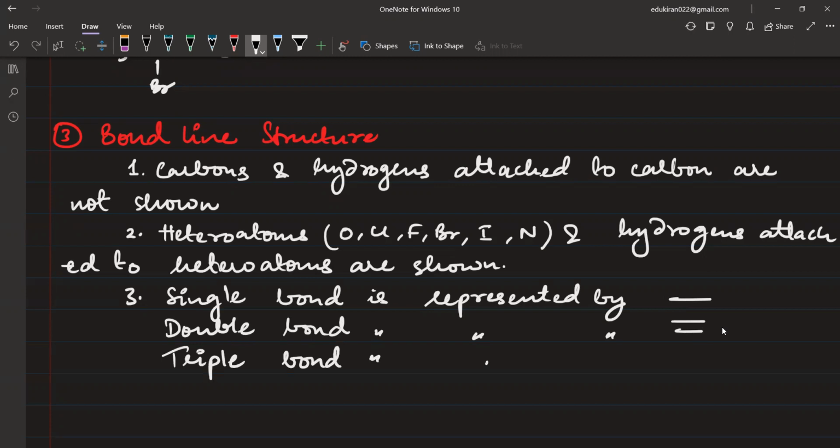A triple bond is represented by three lines. Right, next.